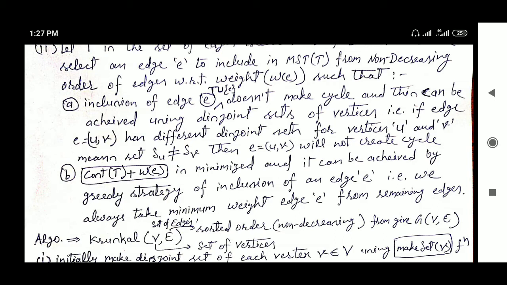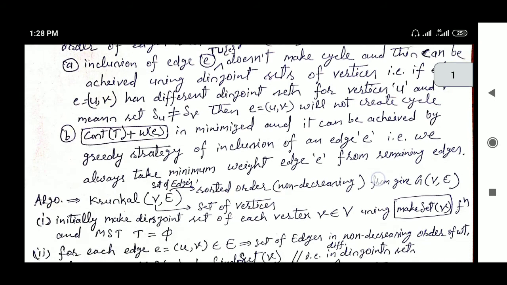That is, if edge E equal to UV has different disjoint sets for vertices U and V, then we can include this edge UV in the MST because it will not create a cycle.